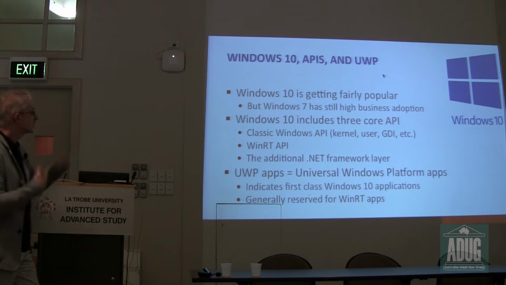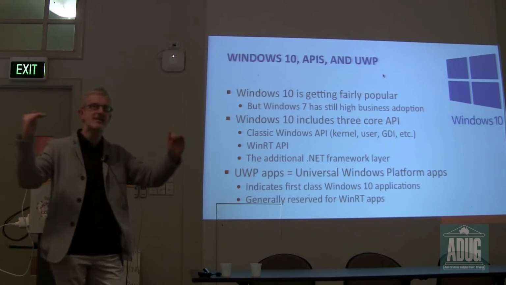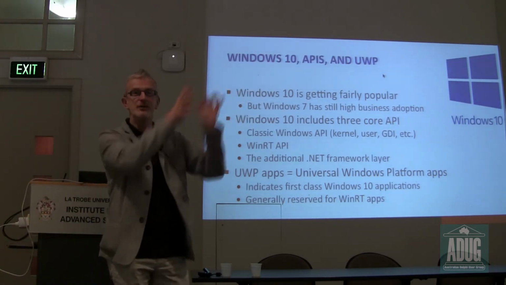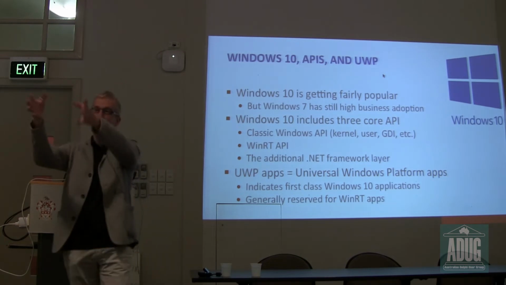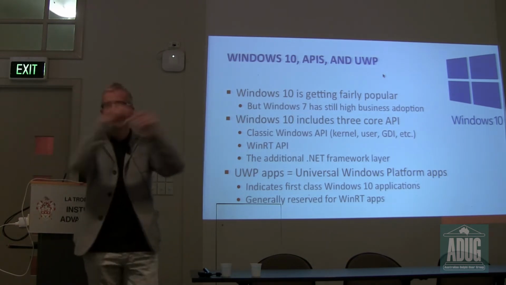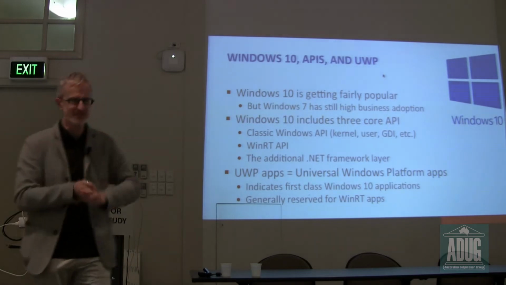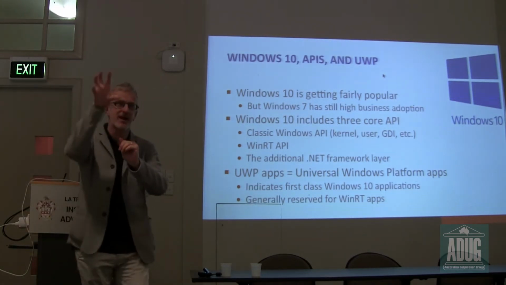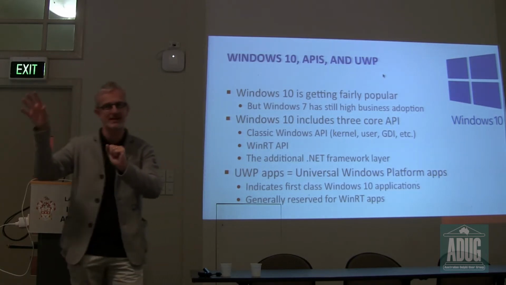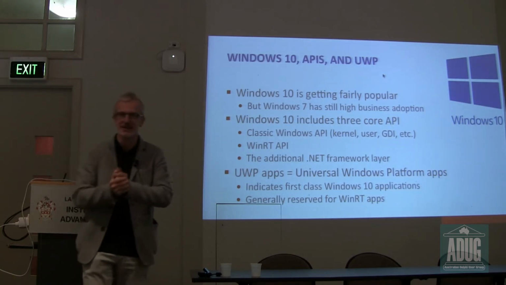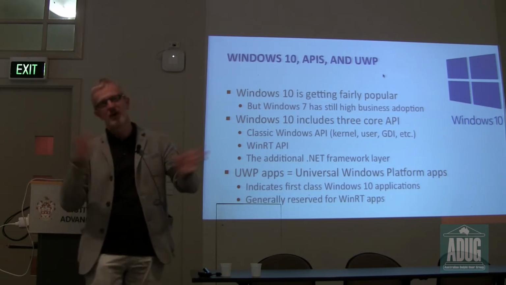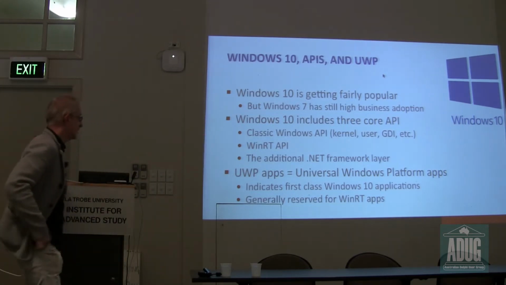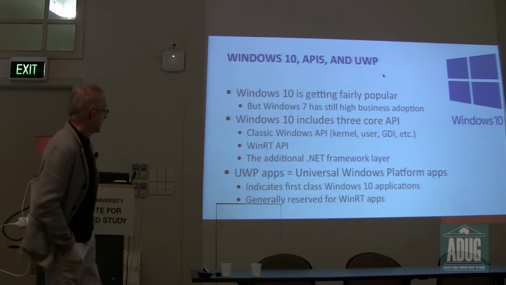There's also .NET. .NET plays in between, because you can use the .NET layer on top of WinAPI, you can use a .NET layer on top of WinRT, and you can mix and match, you can mess things up. On top of .NET, there are other frameworks, mostly UI frameworks, that are largely abandoned these days. So it's been fairly complex.